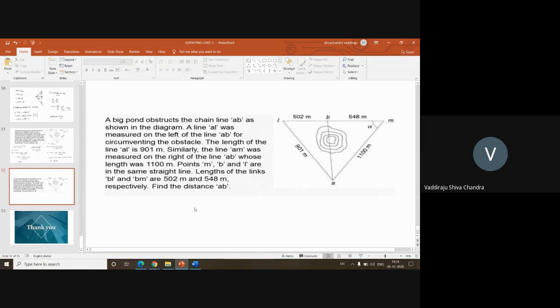Have you noted the question? So what is the cos alpha equation for this figure?